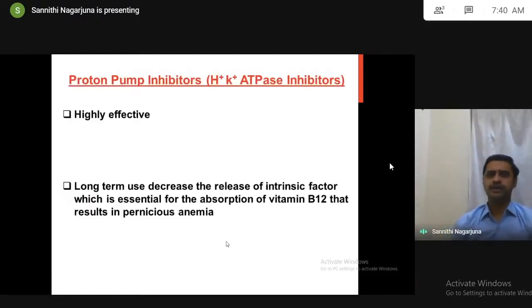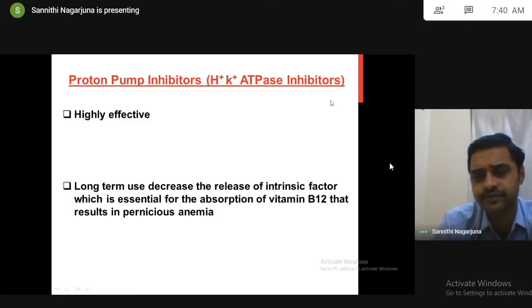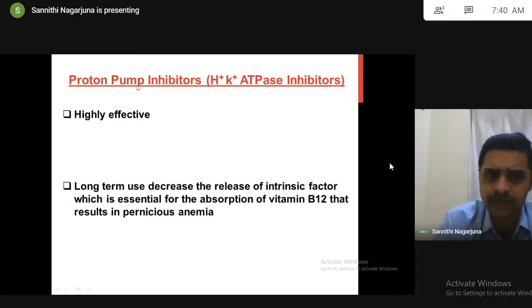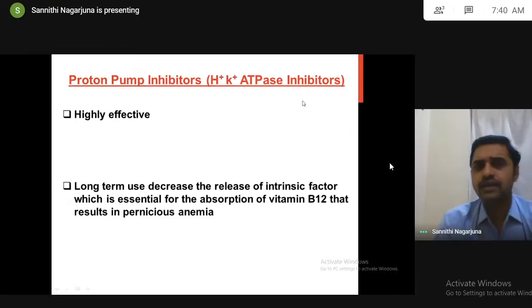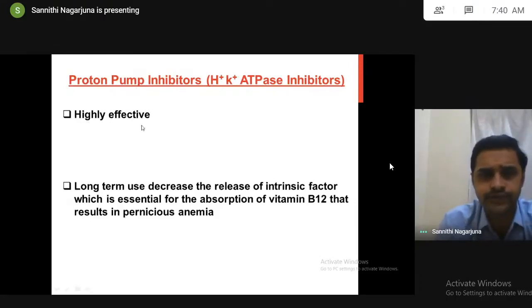So proton pump inhibitors, also called H plus, K plus, ATPase inhibitors. If you see all the categories, out of all the drugs, these drugs are highly effective, because they stop the final step in acid secretion.